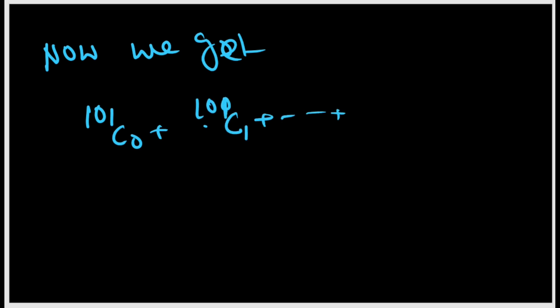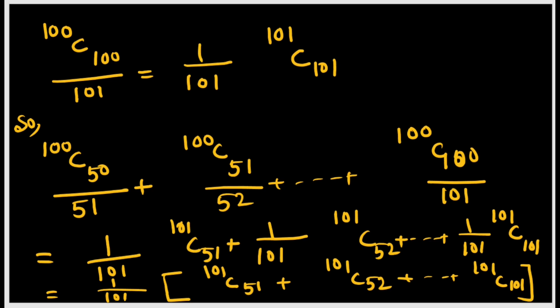Now we get 101 C0 plus 101 C1 up to 101 C50 is equal to 2 to the power 100. So here our term is this sum, and we simplify it, so we got this sum equal to 2 to the power 100. So the whole term is 1 upon 101 into 2 to the power 100.